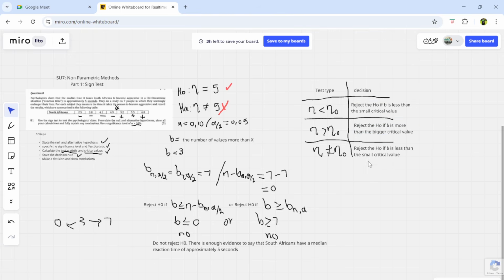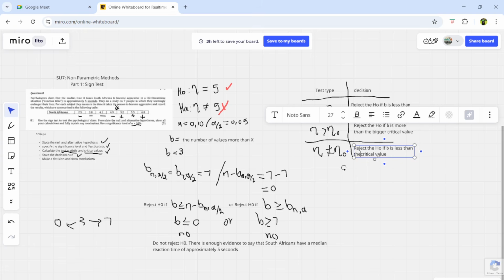And then here you reject the null hypothesis if b is not in between the two critical values.